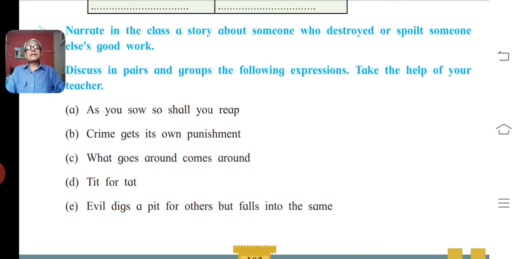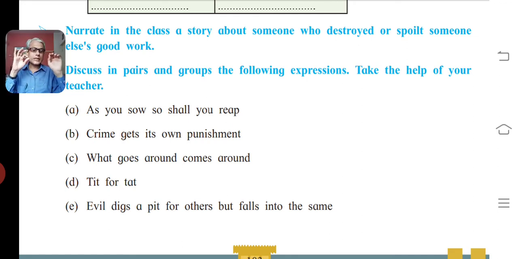Now you will have to discuss all these expressions, but I give you certain hints about them. These are all idioms and proverbs.